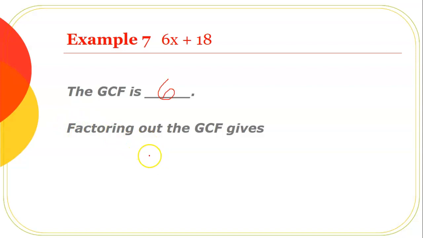In factored form, we bring the 6 out in front, and inside the parentheses we leave what's left behind. 6x divided by 6 leaves an x, and 18 divided by 6 leaves a 3. I should be able to distribute the 6 back in and get back to my original.